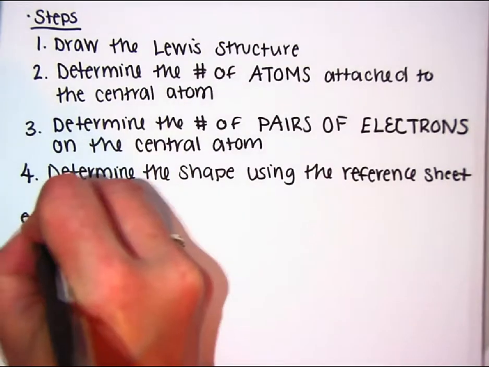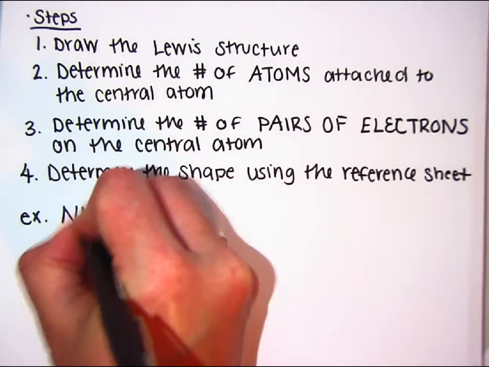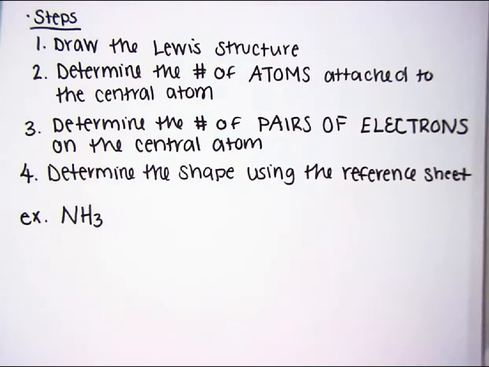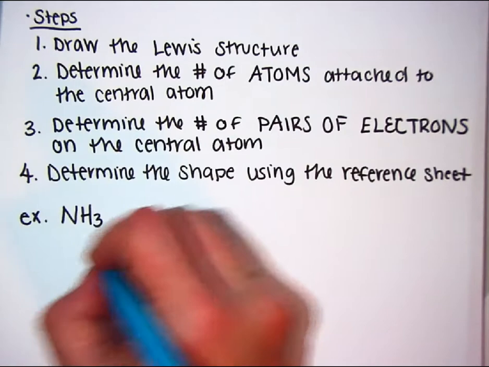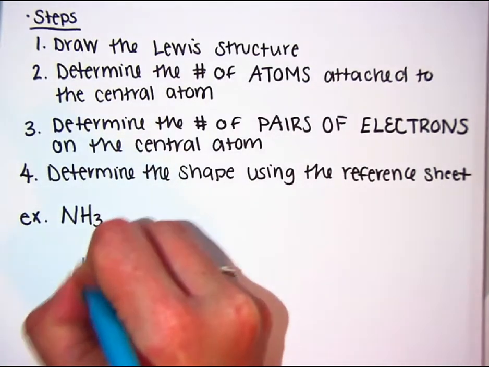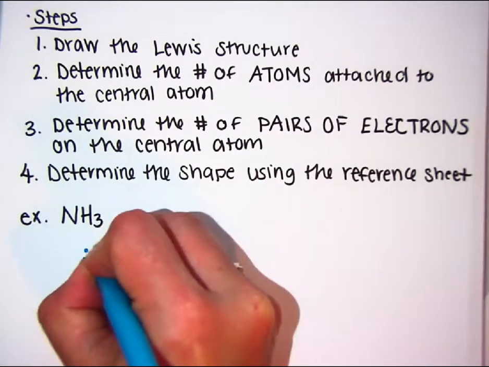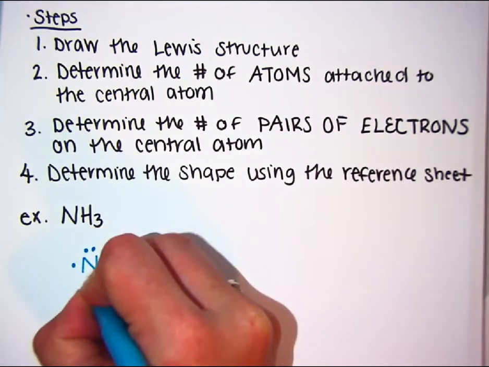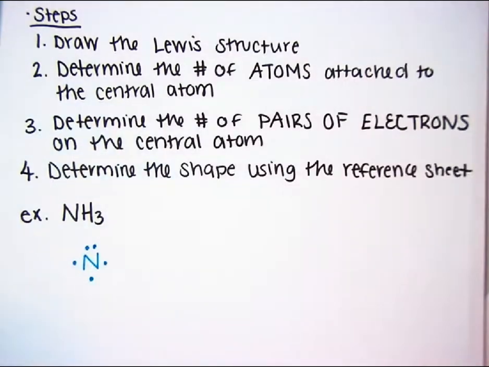First one. Let's do NH3. And we're going to go through all of our steps. So step 1, we have to draw the Lewis structure. Nitrogen is in group 5. It would have 5 valence electrons.